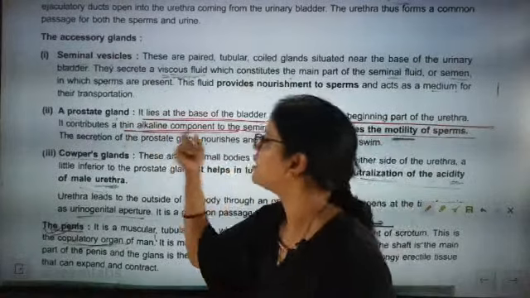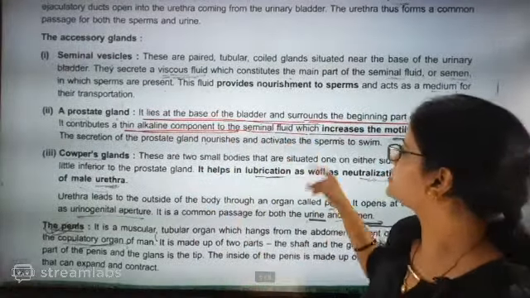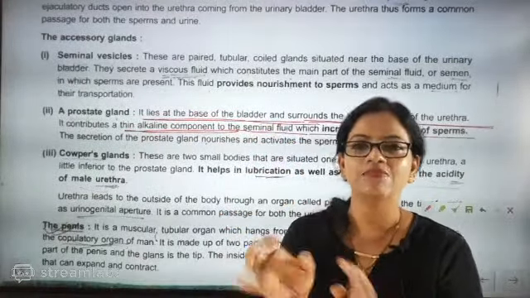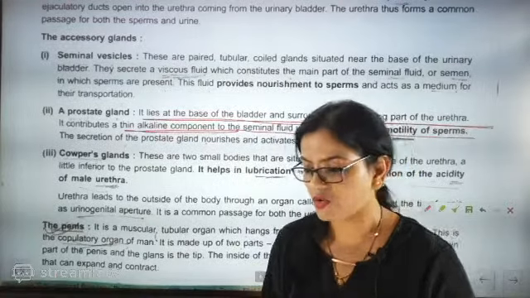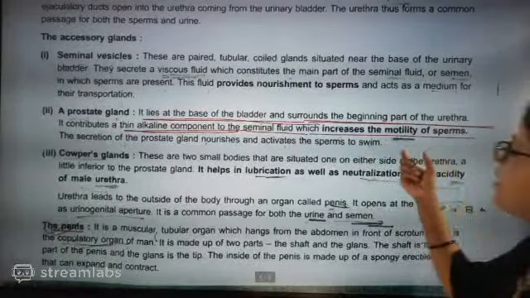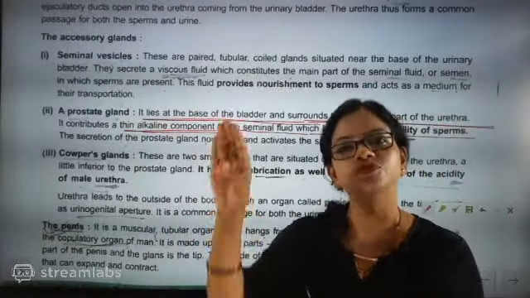A thin alkaline component called seminal fluid is secreted, and this alkaline will make the semen basic. It provides motility, meaning it will help the sperms to move.